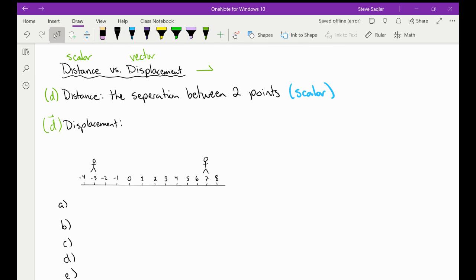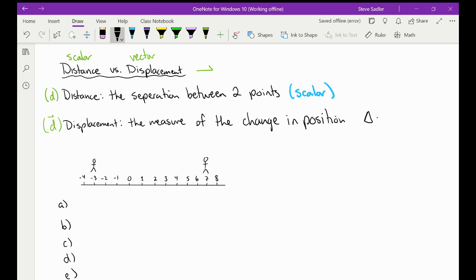Displacement is the measure of the change in position. We'll explore this a little bit more. So you can say change in displacement, right?